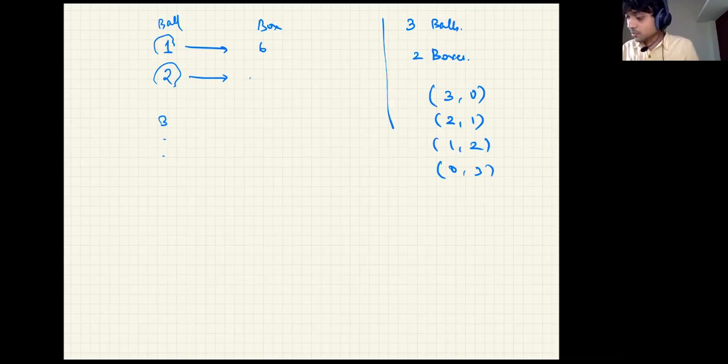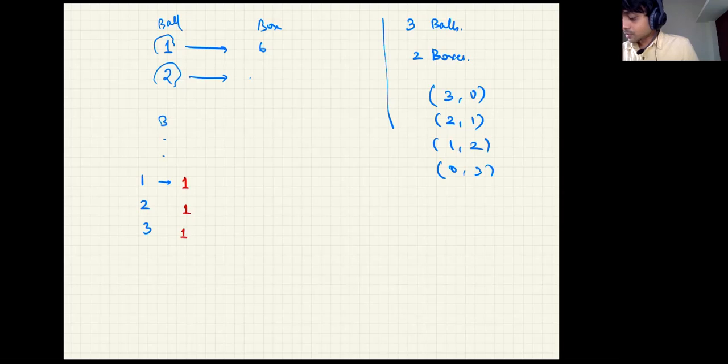But in your method, what you would do is you will number the balls 1 2 3, and then you will say 1 goes to box 1, 2 goes to box 1, 3 goes to box 1. This is one thing.